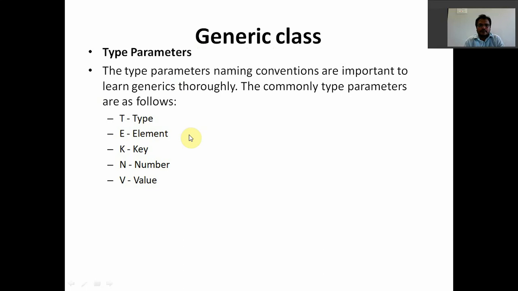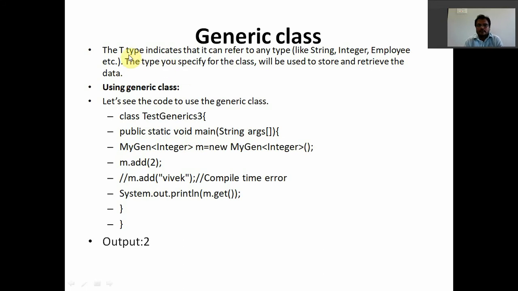The T type indicates that it can refer to any type. T is general: if you put String or Integer or Employee, whatever, depending on your application, the type you specify for the class will be used to store and retrieve the data. So with the help of a generic class, we are storing and retrieving the data. That is a generic class.